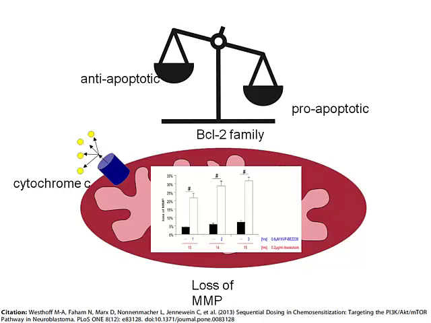So you get a loss of membrane potential, indicating that you have a breakdown of mitochondrial integrity. And this is normally followed by the release of cytochrome C from the space in between the outer and the inner membrane.